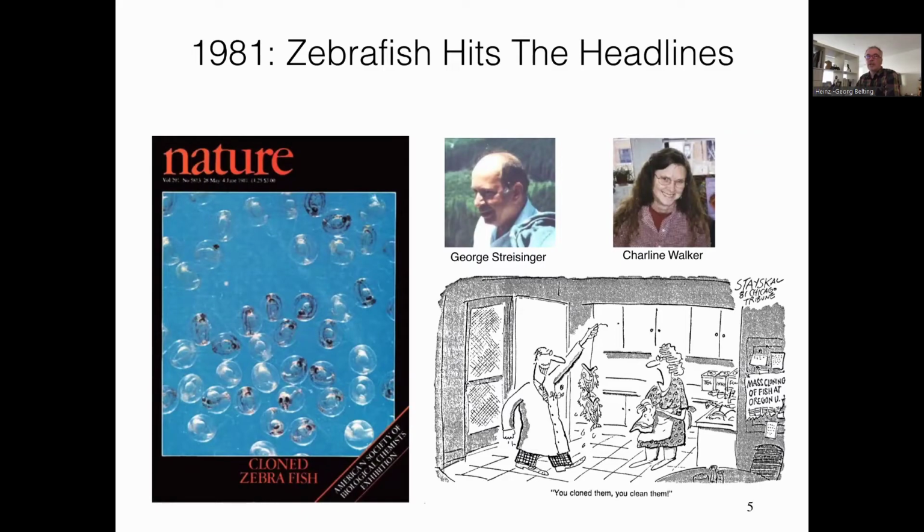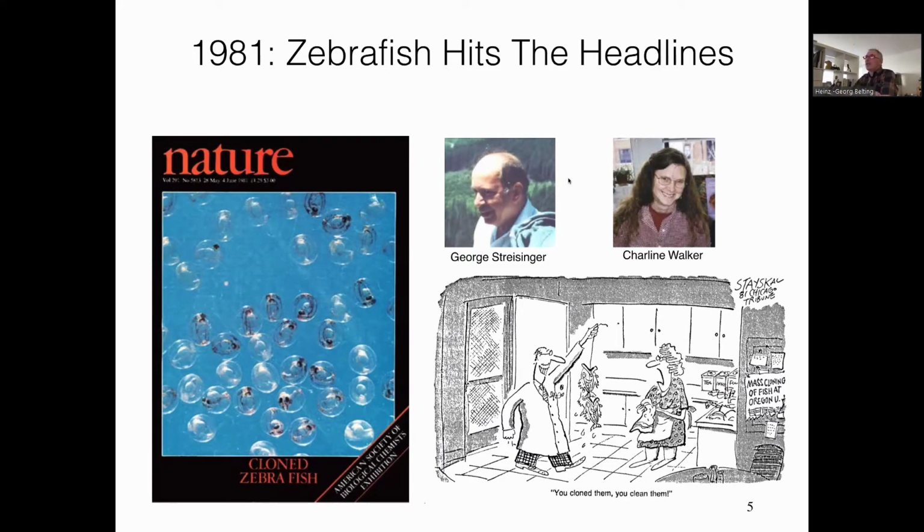I'm running a little bit out of time, so I have to speed up. The guy who came up with this idea, George Streisinger, started zebrafish research because he wanted another genetic model than mouse, a vertebrate system where you could actually do genetics, meaning forward genetics.